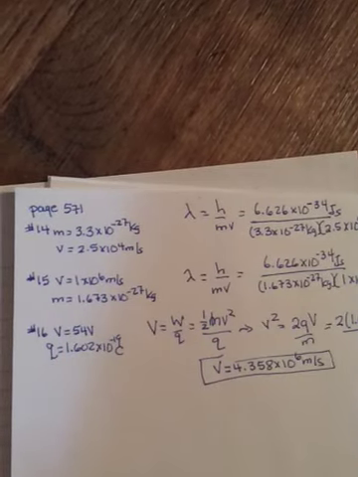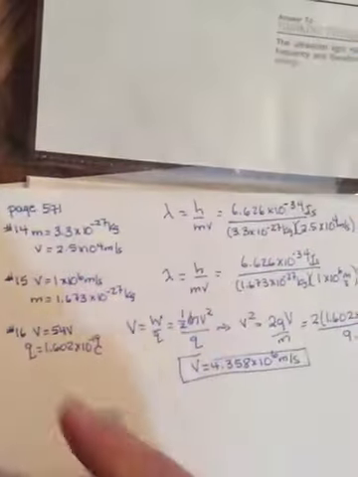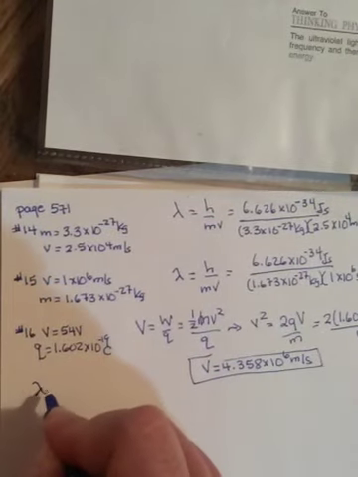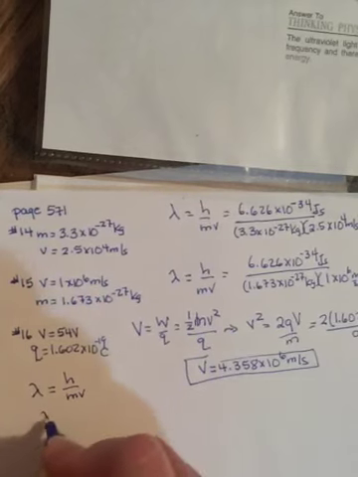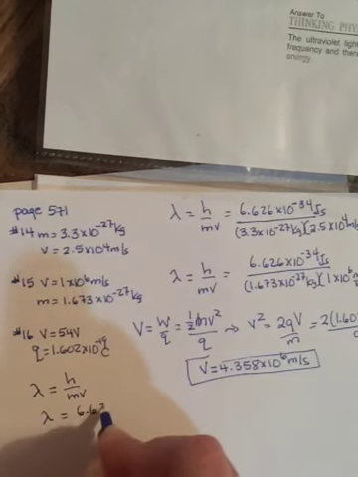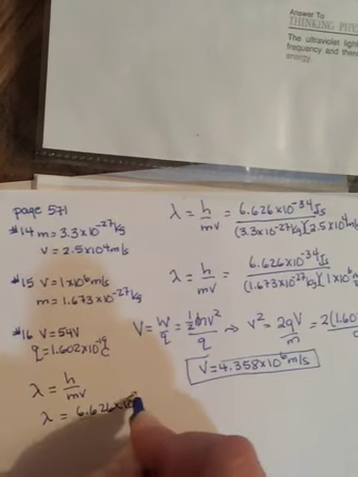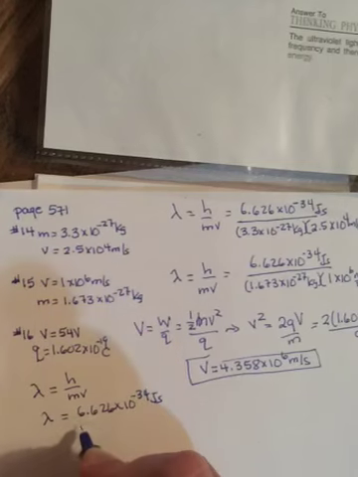Letter B, calculate the de Broglie wavelength. So now that we have the speed, then lambda equals h over mv. So lambda equals 6.626 to the negative 34 joule seconds.